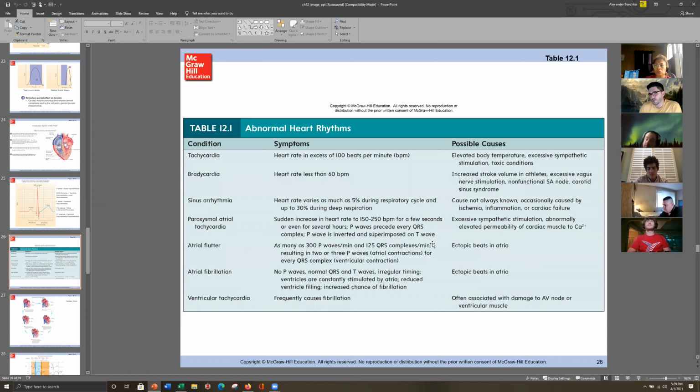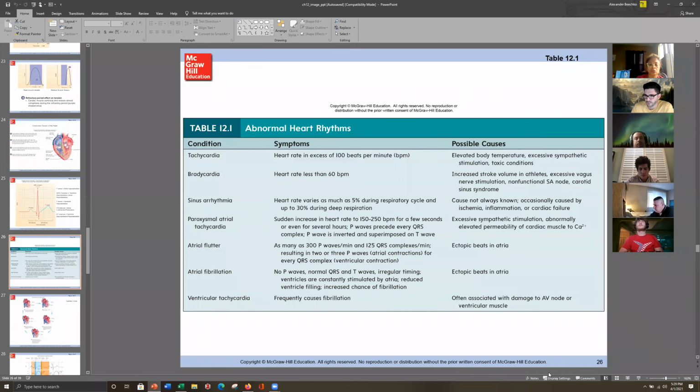So essentially what's happening here is the atria are kind of preloading the ventricles. So excessive sympathetic stimulation, abnormally elevated permeability of cardiac muscle to calcium ions, right? So too much calcium increasing the stimulation of the heart rate can cause this weird random excessive tachycardia.